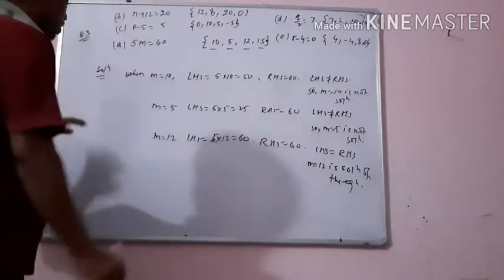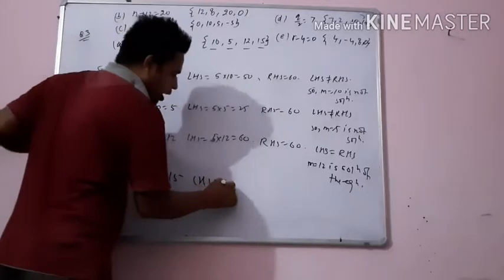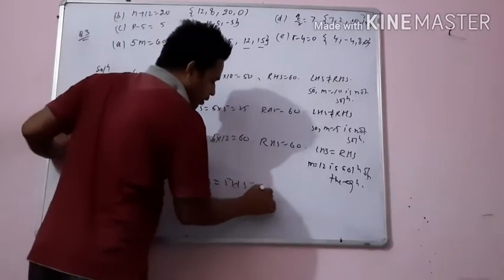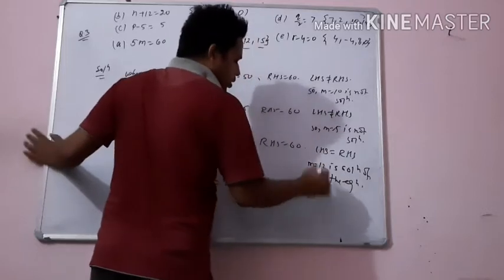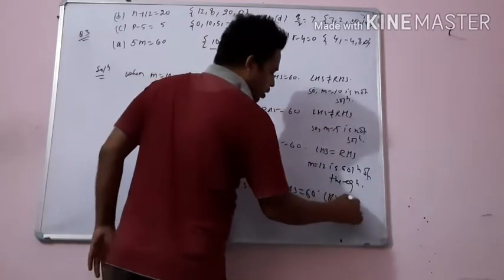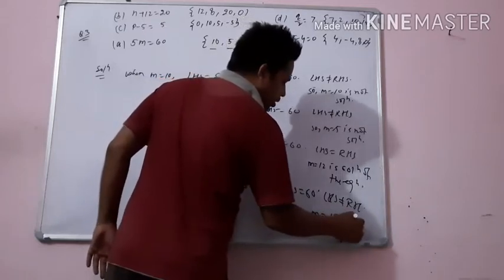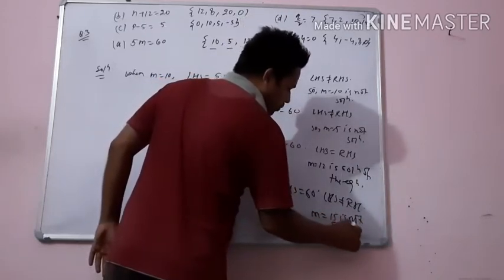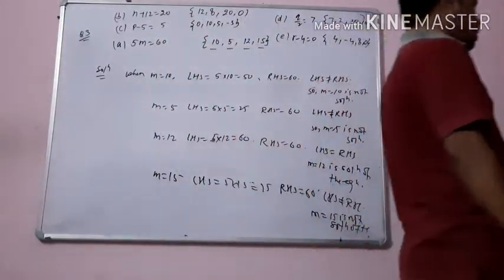Similarly, taking m equals 15, LHS will be 5 into 15, 75, RHS equals 60. So LHS not equals to RHS, so m equals 15 is not a solution of the equation. So question 3 A we have done.